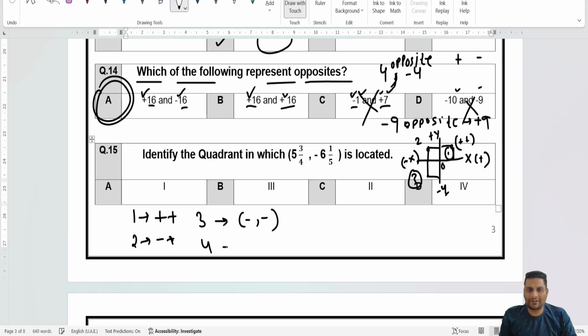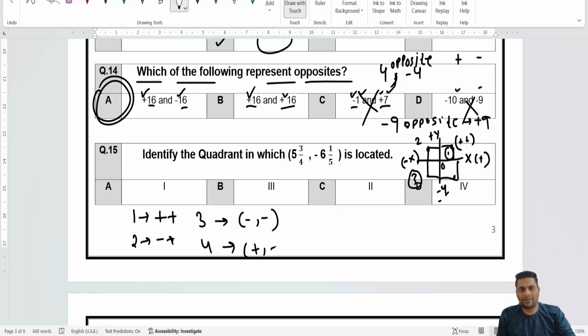Finally the fourth quadrant. If I put a point in the fourth quadrant, here the x is plus but the y is minus, so the x will be plus and the y will be minus here.